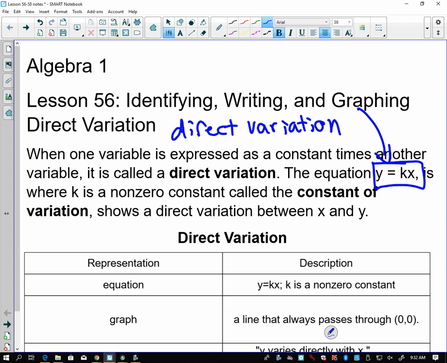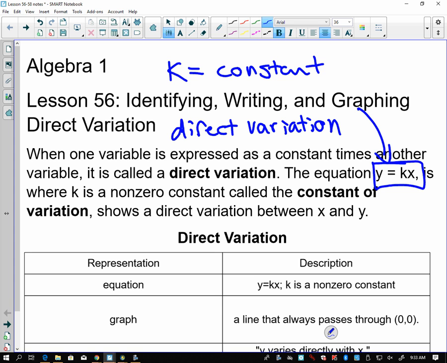And I'm going to write y equals kx. Okay, and then I might write k equals constant. What is a constant? Does anybody know? A constant is usually a number that doesn't change.